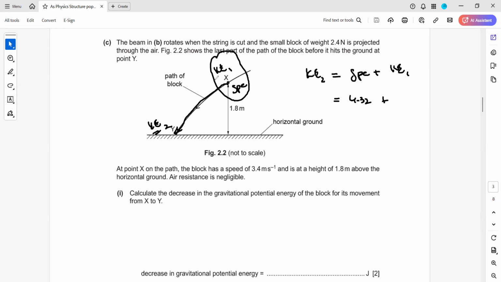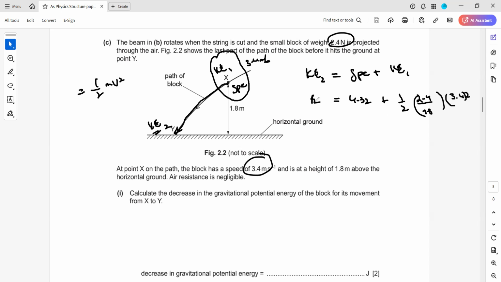The kinetic energy at the first point is half mv squared, where v is the speed at which it was moving. It was moving at a speed of 3.4. So it will be half, and the mass will be 2.4 divided by 9.8, because the weight is given. And then the speed squared, 3.4 squared.